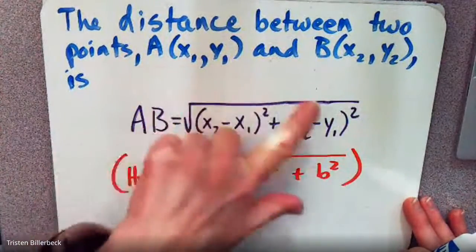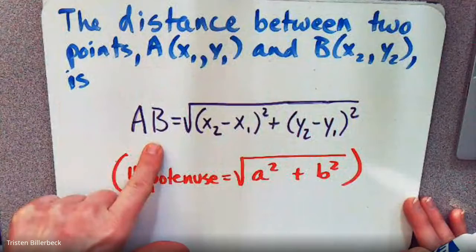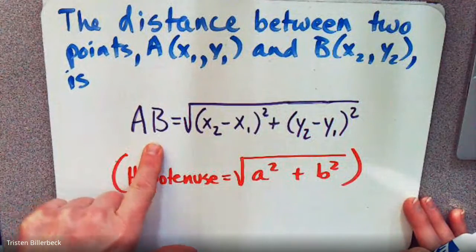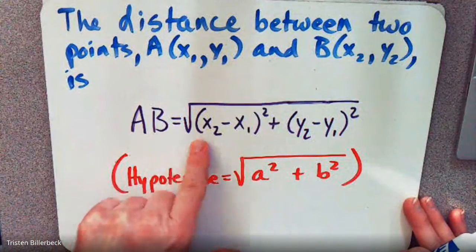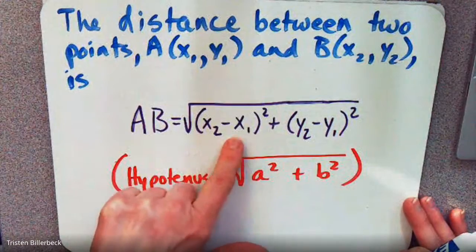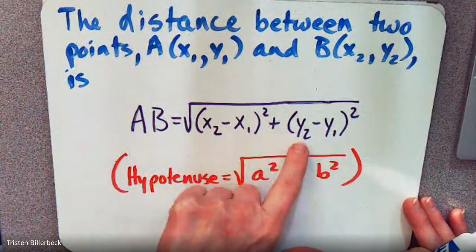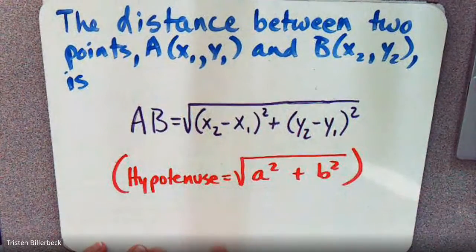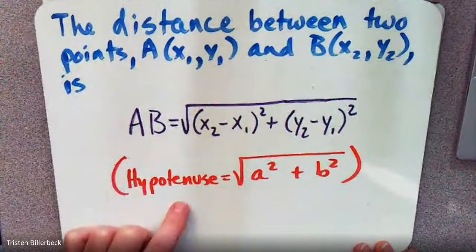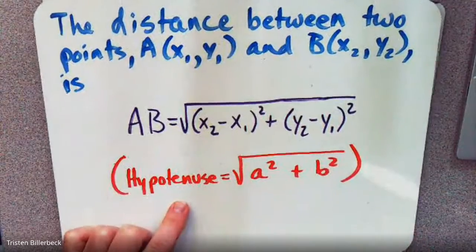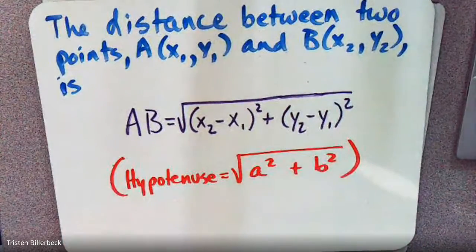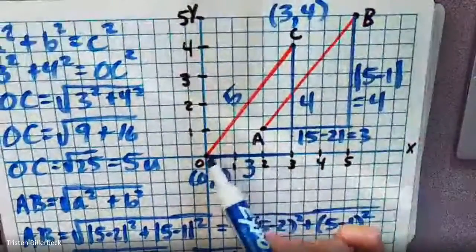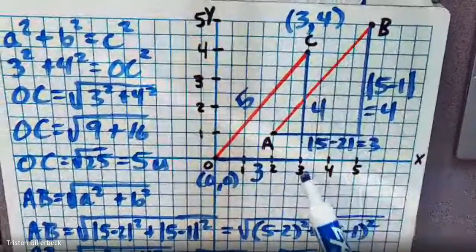So if I'm given these 2 points, then the distance AB of line segment AB is given by the square root of x2 minus x1 squared plus y2 minus y1 squared. And basically, AB is the hypotenuse of a right triangle, just like we've seen here, because when we take a line segment, we make a right triangle here.